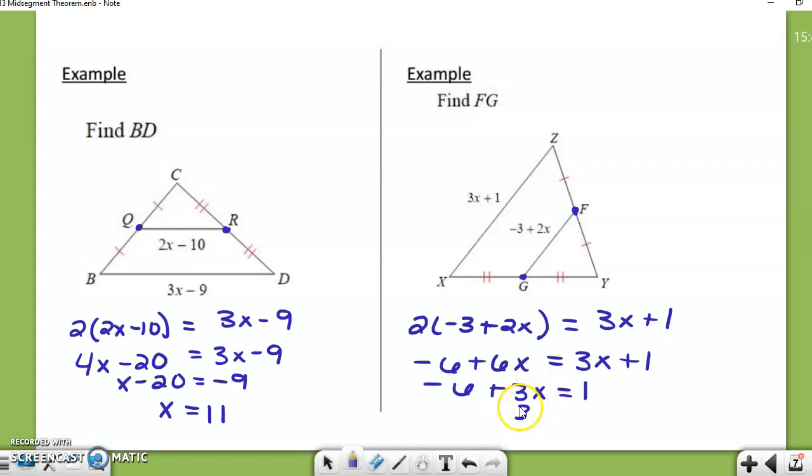Oops, I'm sorry, when I subtracted 3x. There's one. Caught my error. You can all make them. Let's go back and distribute properly. 2 times 2 is 4x. Subtract 3x from both sides. Add 6 to both sides, and x equals 7.